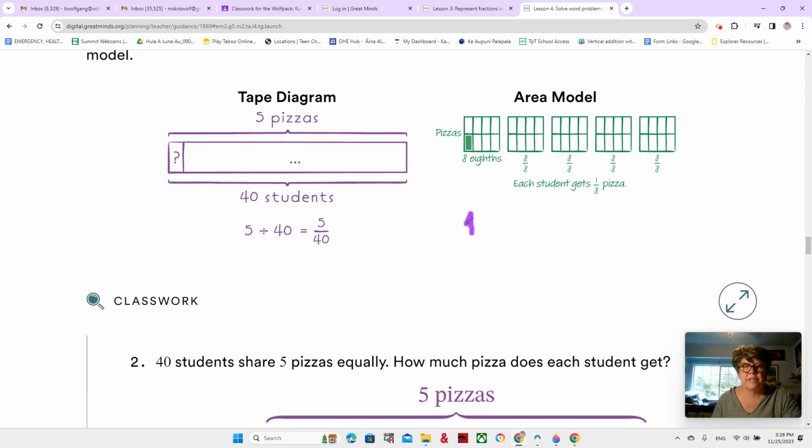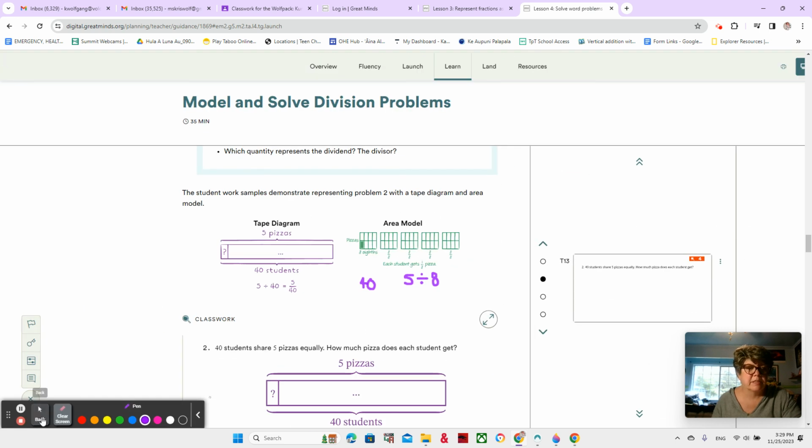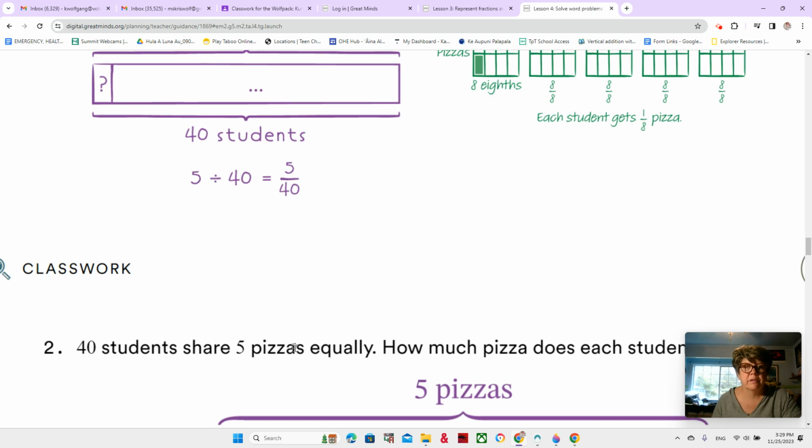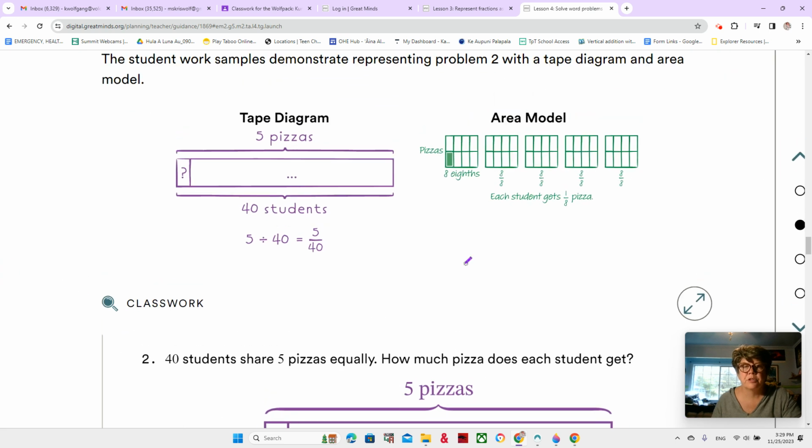So 40 students and 5 pizzas. So 5 divided by 8. Sorry, should not be 5 divided by 8. Should be 5 divided by 40.